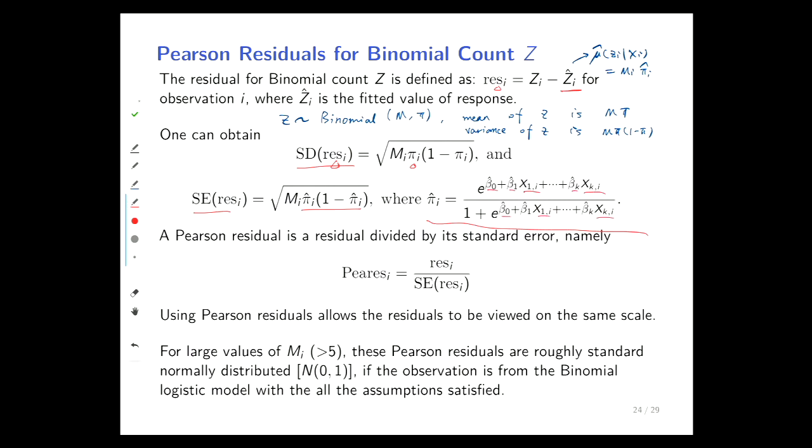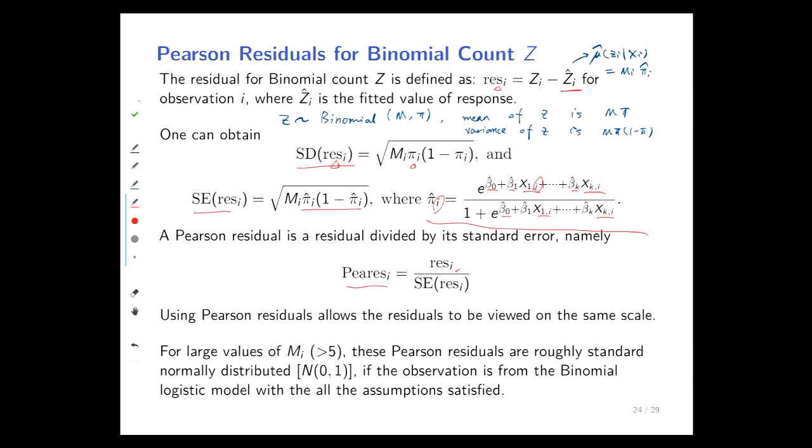Because the value of x depends on i, this pi also depends on i. For different observations of x, we will have a different probability. The Pearson residual can be computed using this standardization idea: the residual divided by the standard error.